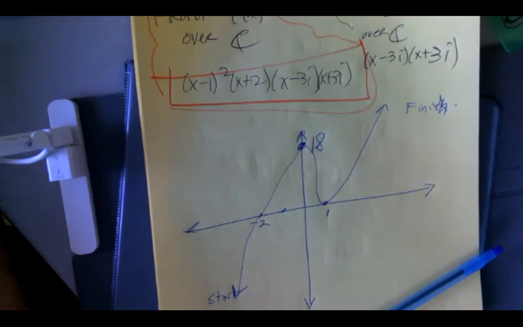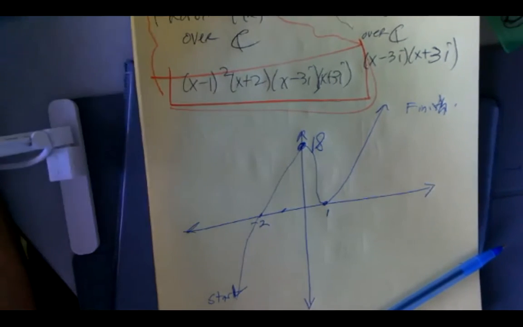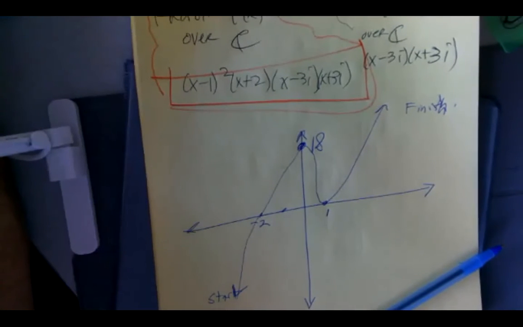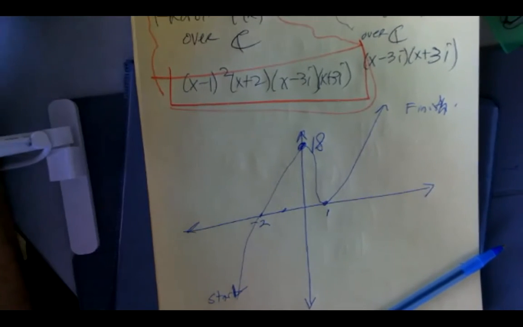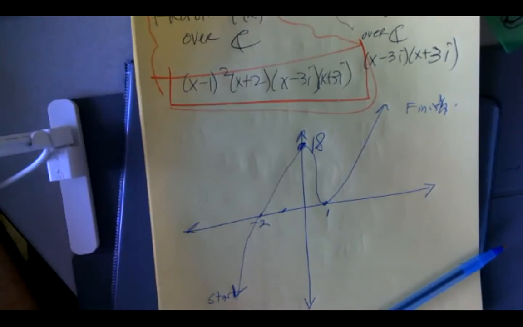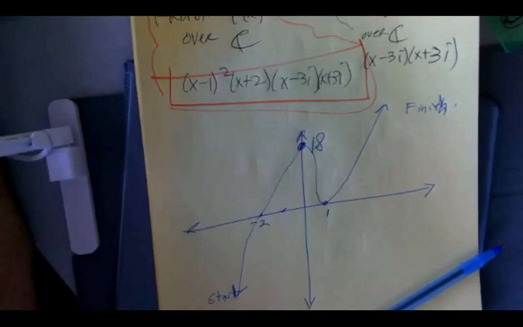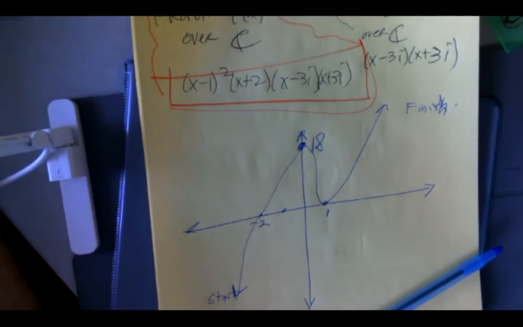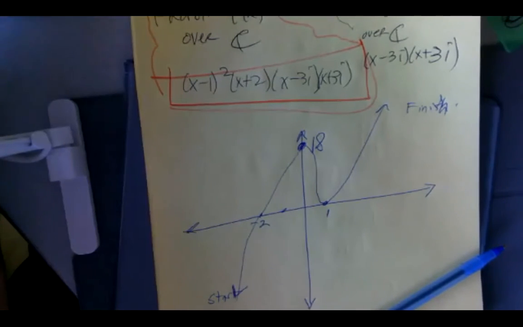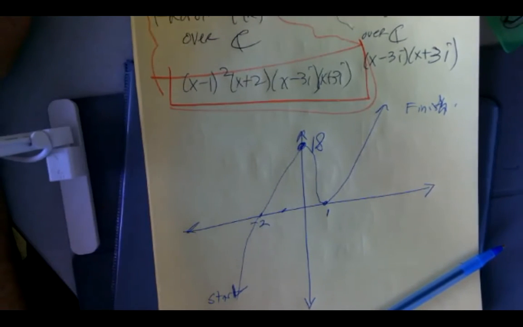Let me see here. I'm going to graph this in Desmos just to show you. If I say graph in Desmos, try to show that bump. I'm going to graph this really quick. I'll show you what I mean.